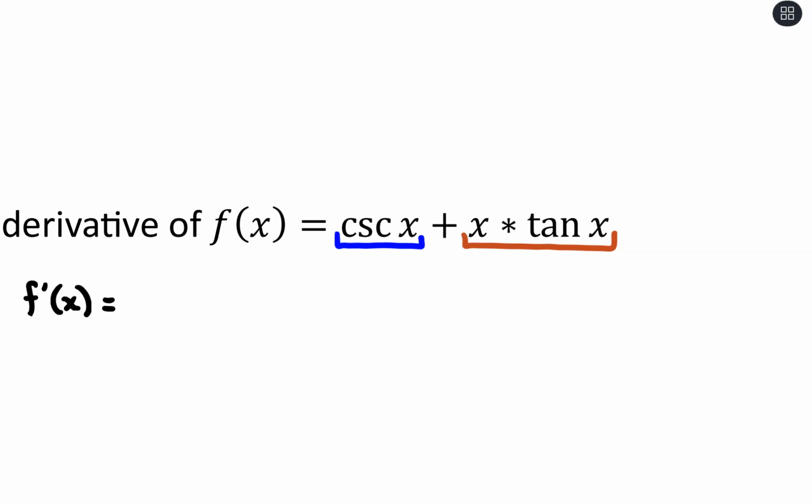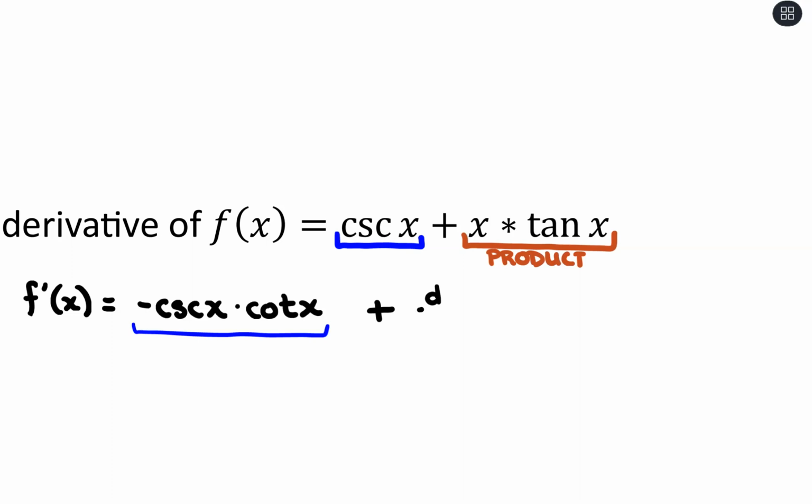Okay, so derivative of cosecant x from our previous page, that is our negative cosecant x times cotangent x. So that right there is just our derivative of cosecant of x. And then we're going to add on, and for x tangent of x, we're going to need to use the product rule.